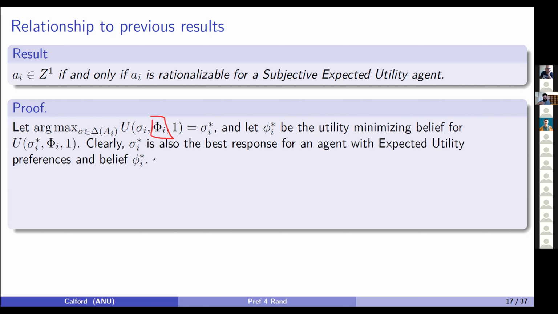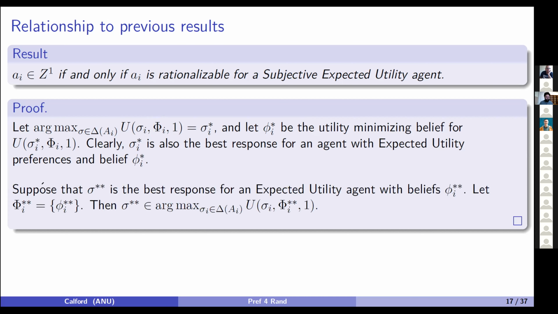So if a strategy is justifiable for one of my Cyto agents with delta equals 1, then it's justifiable for an expected utility agent. And conversely, suppose that sigma double star is a best response for an expected utility agent with these beliefs. Well, then I can let my belief set be that singleton, and sigma double star is also a best response in the Cyto sense when delta equals 1. So there's an equivalence of the best responses here for delta equals 1 with an expected utility agent.